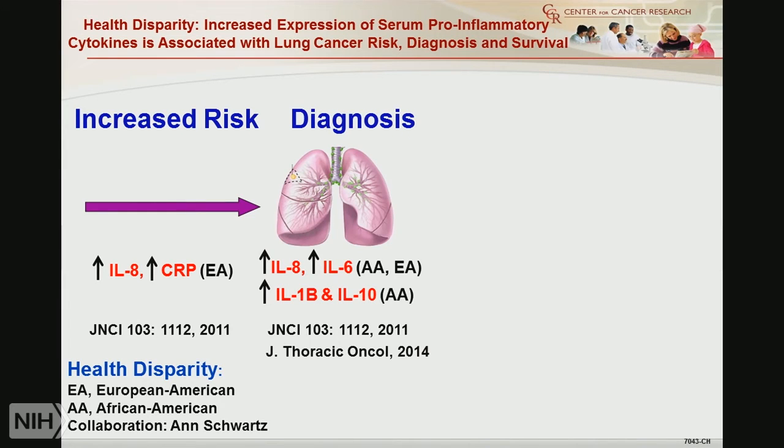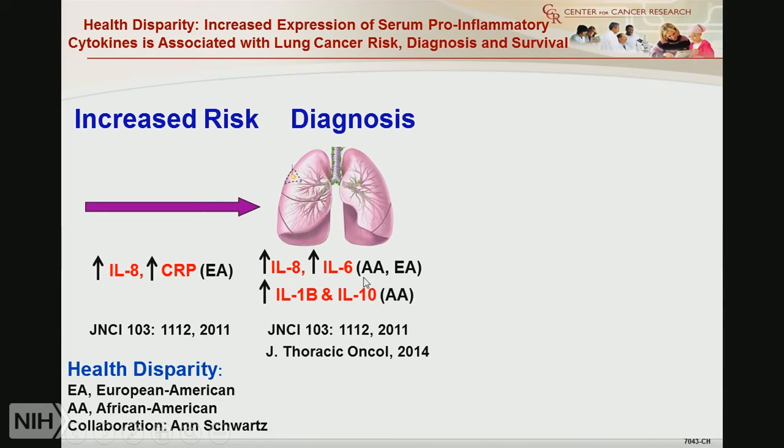So how about at the time of diagnosis? Well, IL-6 joins IL-8 at this point, both in Afro-Americans and European Americans. We're quite interested in health disparity kinds of studies, but this initial prospective study had only about 5% Afro-Americans.